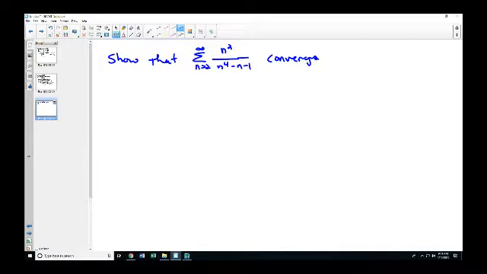Again, I'm going to default to the comparison test because it looks pretty straightforward. What would you compare that to? 1 over n squared.